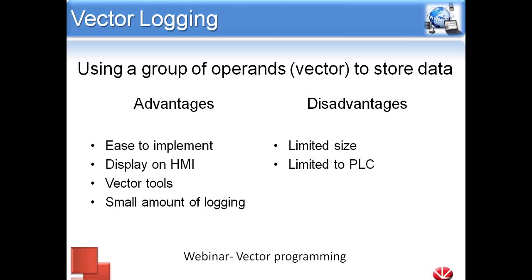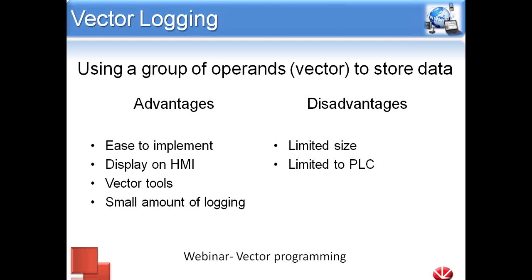We have the vector tools in VisiLogic available to us, which allows us to manipulate the vector. We can get the minimum value in the vector, the maximum value in the vector. We can find an average. We can organize the vector. We'll be going over these tools in a moment. This type of logging is ideal for small amounts of logging.